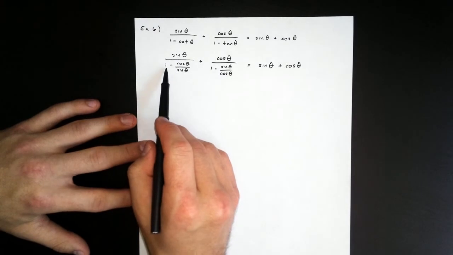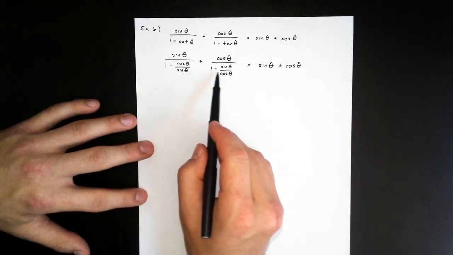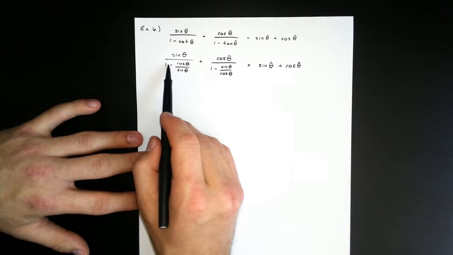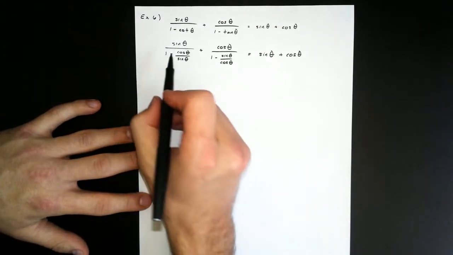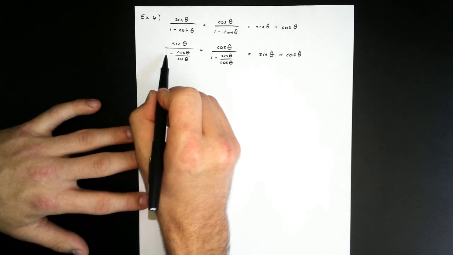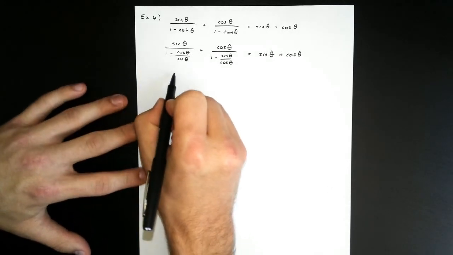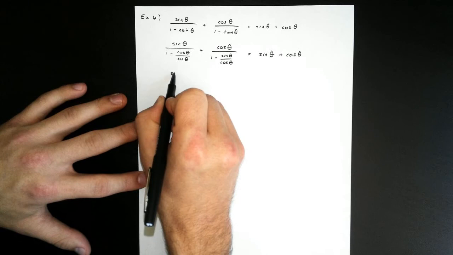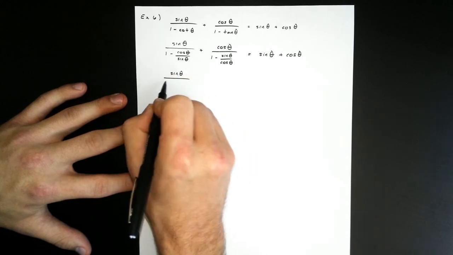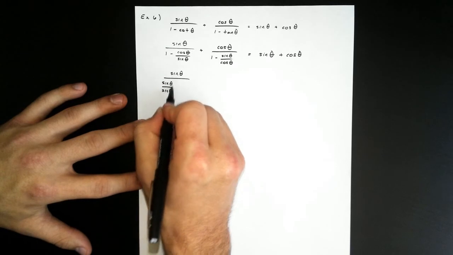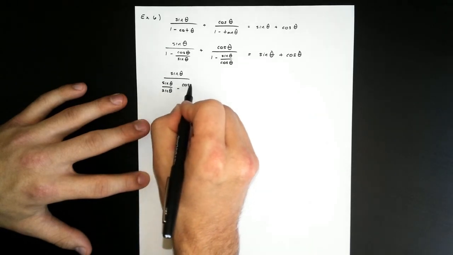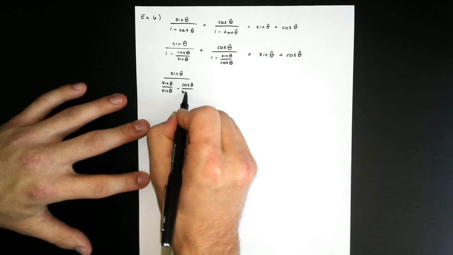Okay, let's combine these terms together for both these fractions. To do that, we need a common denominator. We've seen this a couple times now, but I'm just going to turn this 1 into sine over sine. So let me write that all out. The sine of theta, then we have the sine over sine, so that's our 1 minus cosine over sine.